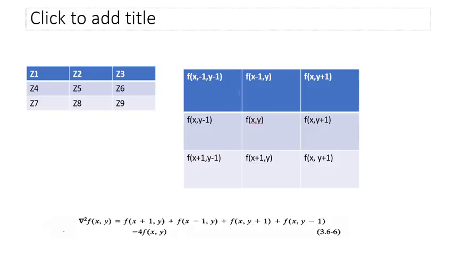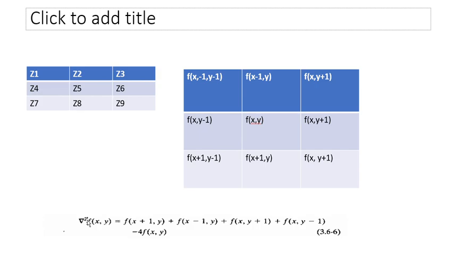So the next one is the middle value, that is z5 is f of x comma y and z6 is f of x comma y plus 1. Similarly, z3 is f of x comma y plus 1, and f of x minus 1 comma y, f of x minus 1 comma y minus 1, as well as f of x comma y minus 1 and f of x plus 1 comma y minus 1.